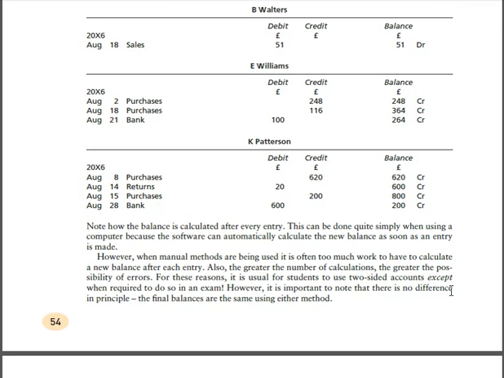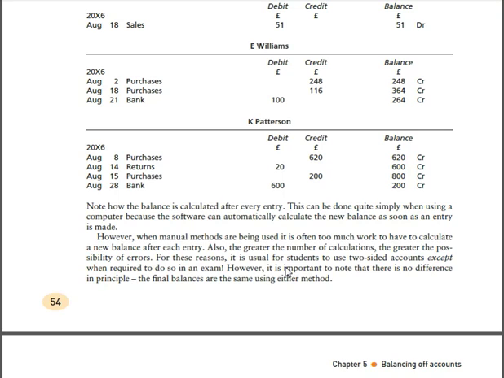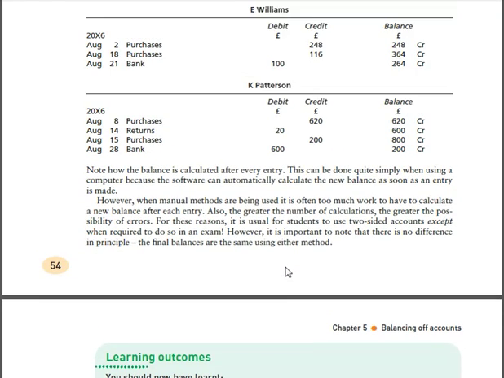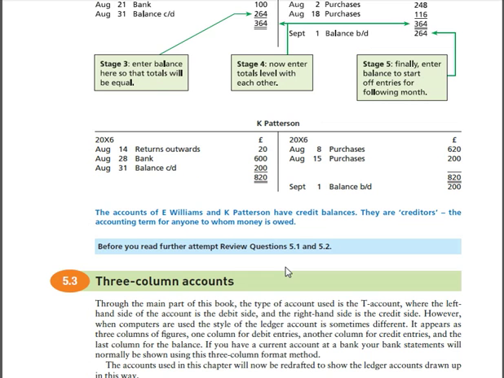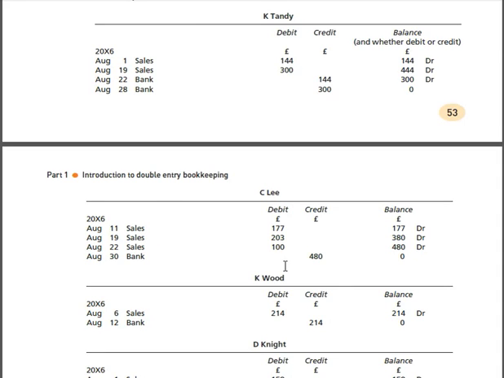So the balance is calculated after every entry. This can be done quite simply when using a computer because the software can automatically calculate it. So that is the concept of the three column accounts, the double entry system of three column accounts.